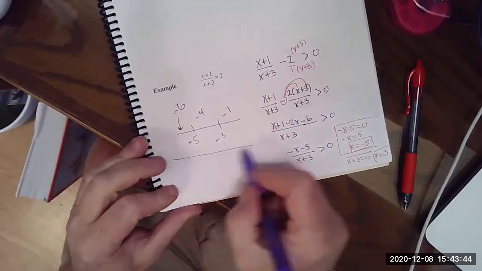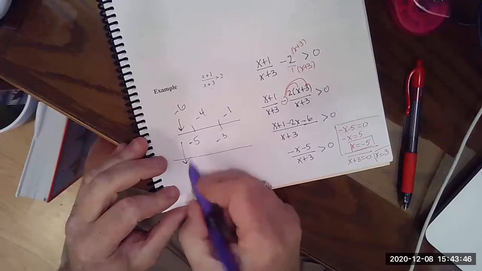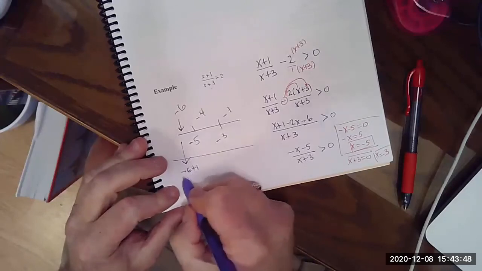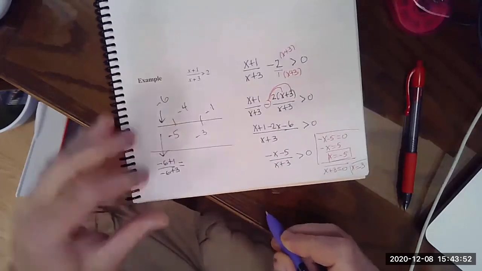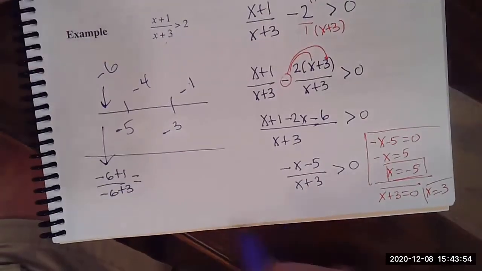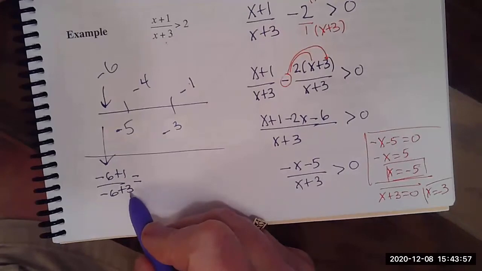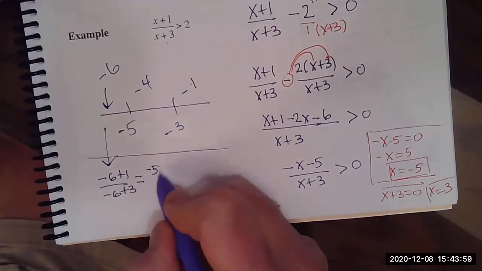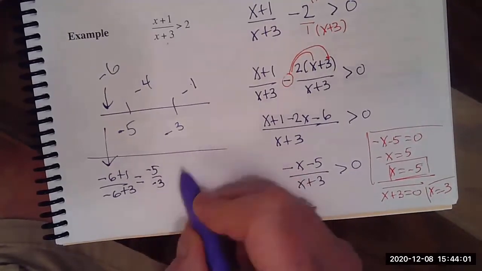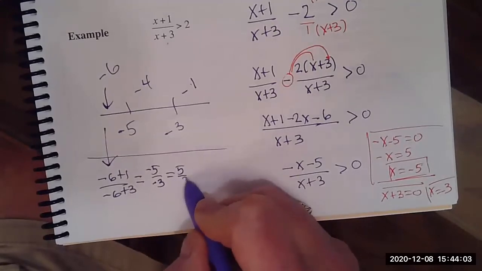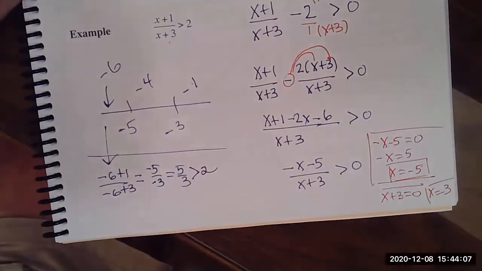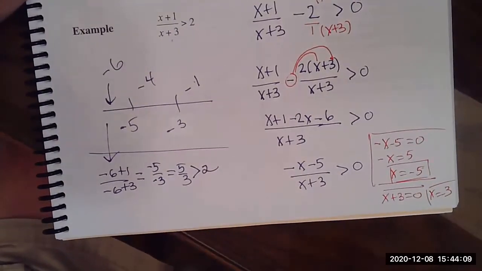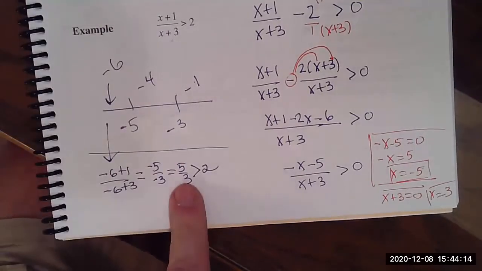So I go -6. So -6 plus 1 over -6 plus 3. Let's see, -5 over -3, which is 5 over 3. But the question is, is it bigger than 2? I don't think so. That's not true.